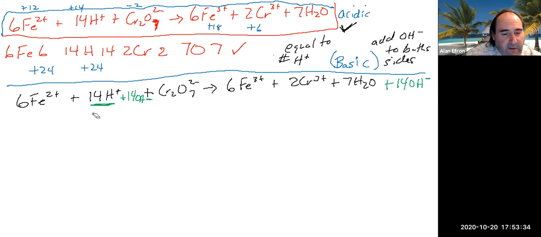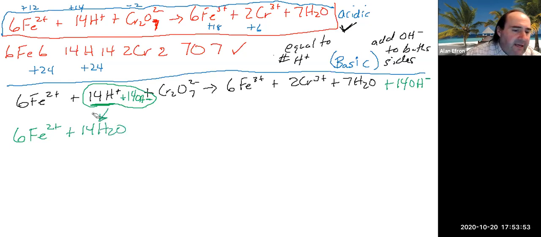Now the side where we have H plus and OH minus, those come together to make water. So if we do that and condense some things down, this will give us 14 waters, which comes from the H plus and the OH minus.